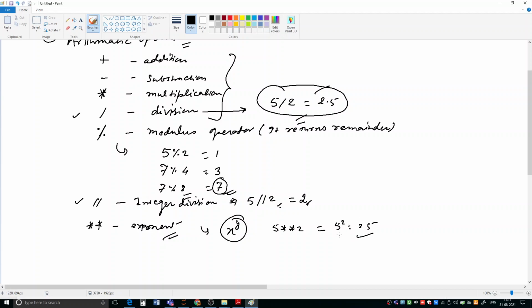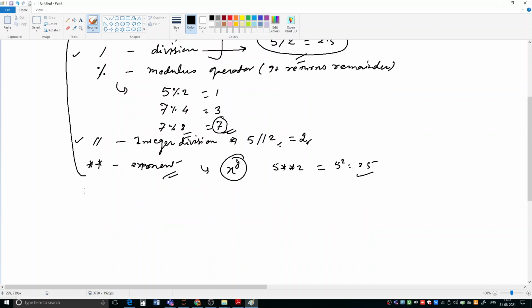So this is called the exponent operator. From here to here, all these are arithmetical operators. No problem up to this point.